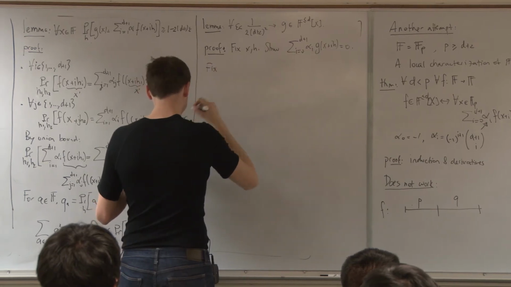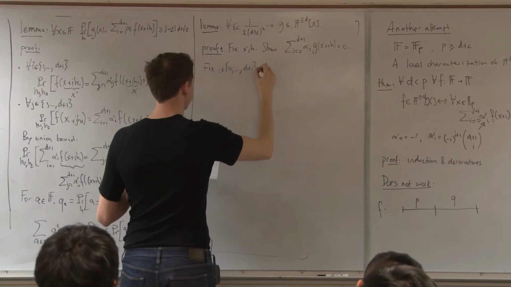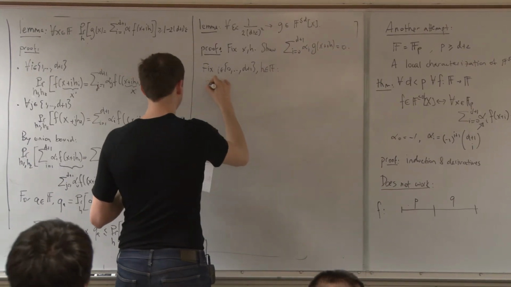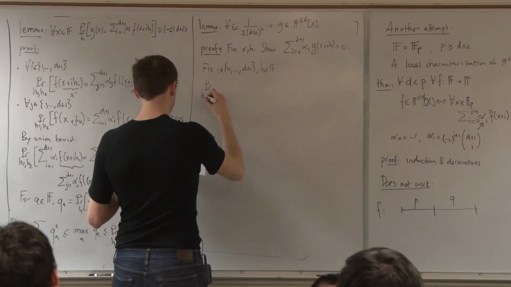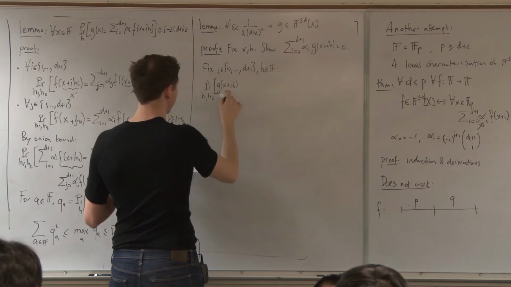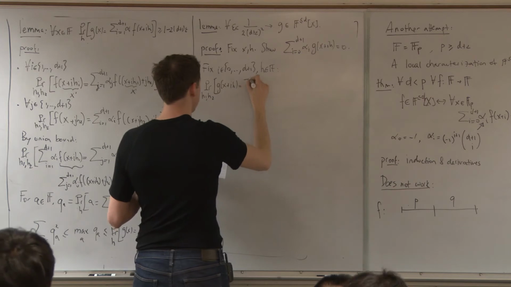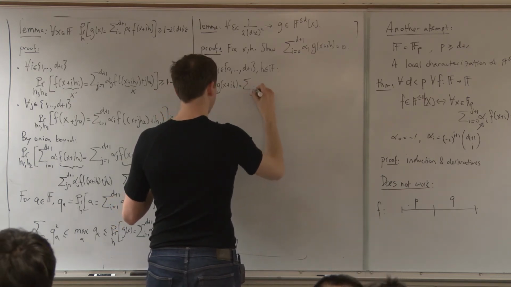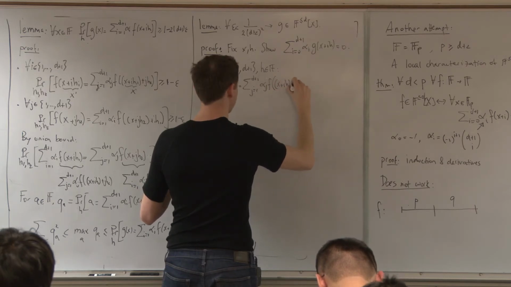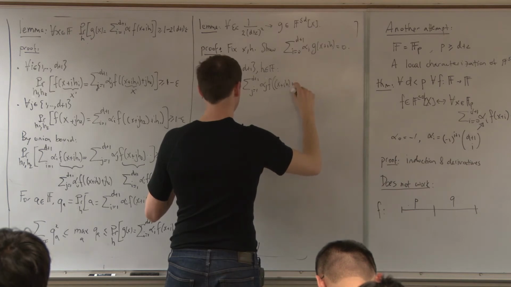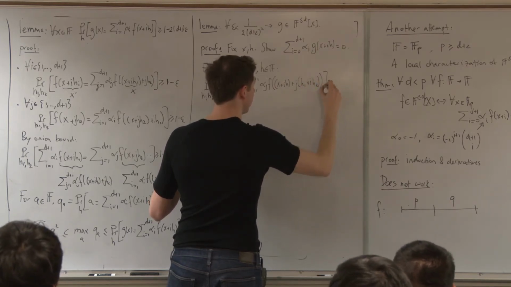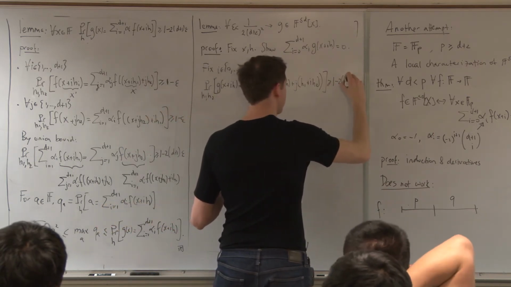So fix i between 0 and d plus 1, and h. Then I know I can write that the probability over h1 and h2 that g of x plus ih, since I want to say something about x plus ih, equals the sum from j equals 1 to d plus 1 of alpha j times f of x plus ih plus j times (h1 plus ih2), is at least 1 minus 2 times (d plus 1) epsilon.